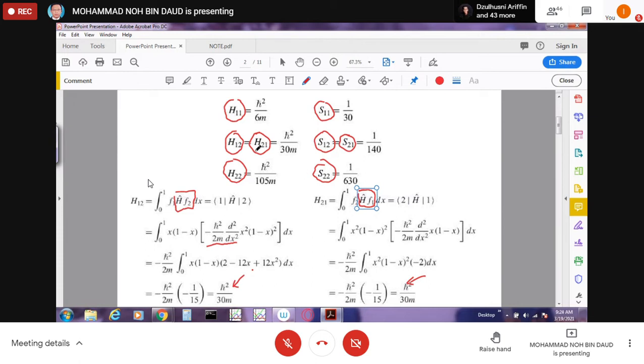So these two matrix elements are symmetric, 12 and 21. We get the same value for this matrix element, and this holds as well for the overlap matrix element. We can prove this.